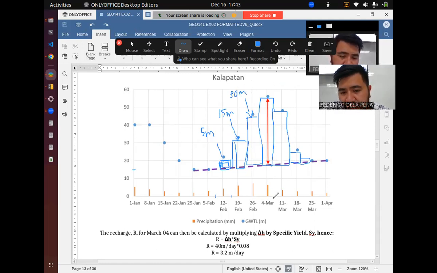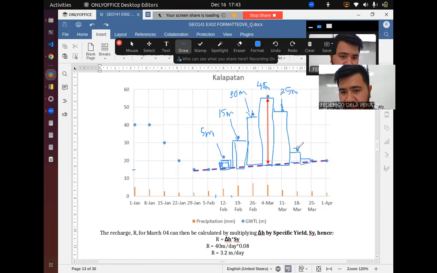And then sa week na centered sa March 4, you have 40 meters fluctuation. And then sa week na centered sa March 11, you have like 20 to 45, that's around, let's say 25 meters.